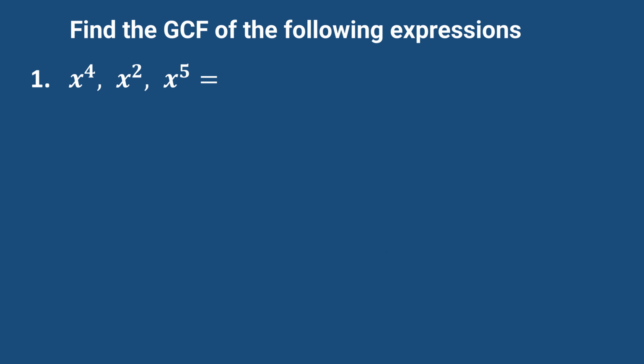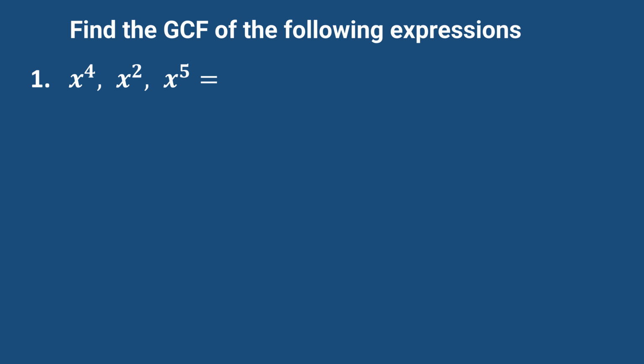Okay, this time we will be getting the GCF of the following expressions. Number one is literal factors. When we say literal factors, a variable is being raised to a certain exponent, and this exponent tells us that the variable is being raised to the nth power.